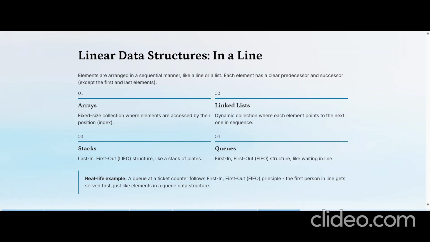So homogeneous data elements means elements of the same data type, and the array stores the elements in contiguous memory locations. Means elements are stored in continuous memory locations, and the elements can be accessed by their index value. Index value starts from 0 up to length minus 1 of the array. Suppose the array is of size 5.